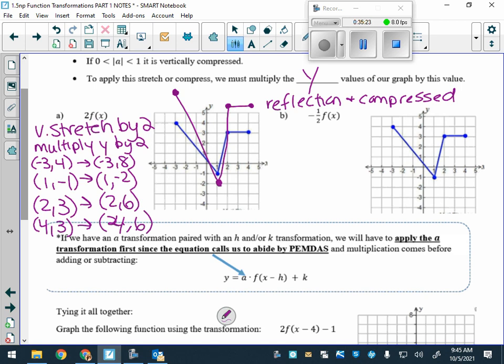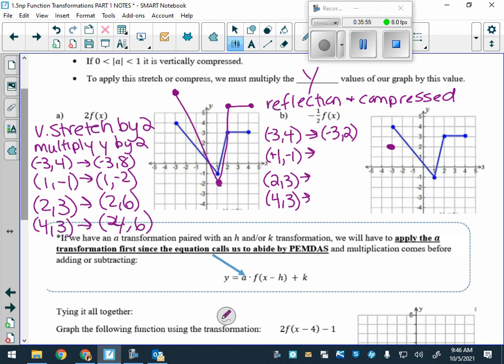So if I have -3, 4, I'm just writing these down again. What would be my new point? -3, 2. Good. So -3, 2 is here.